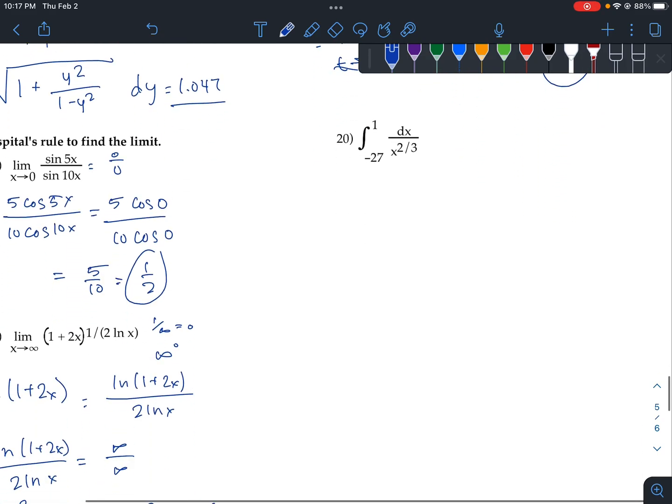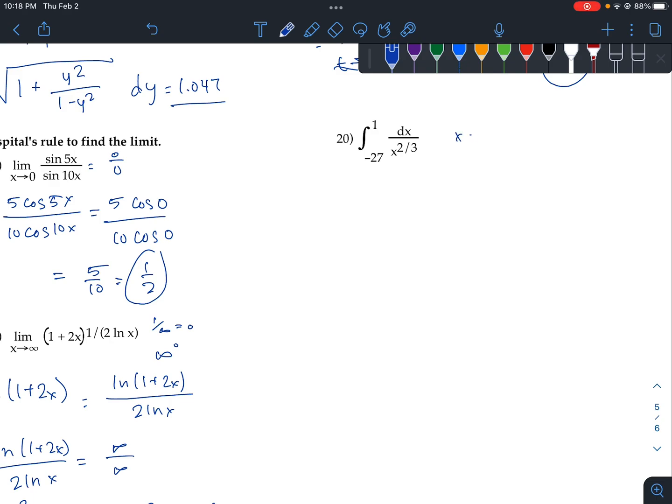All right, so for 20, we're going to do the integral from negative 27 to 1, and I have dx over x squared over 2/3. Now, this cannot be equal to 0, and 0 is in between negative 27 and 1, so that will definitely result in an asymptote, and we can graph it to make sure. If you need to graph it to double check, I think we should be right there.